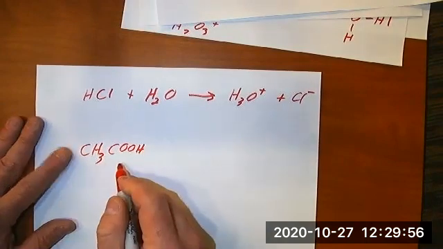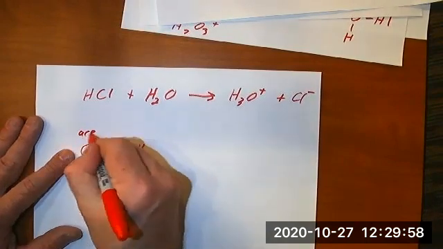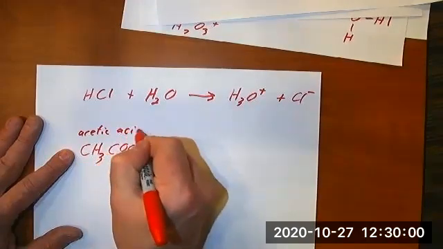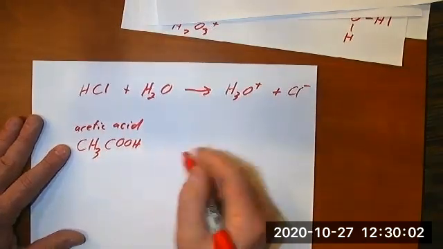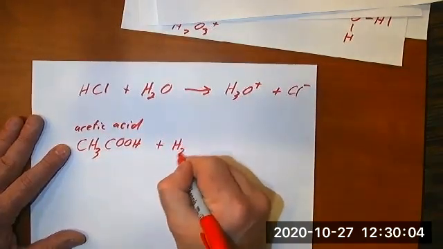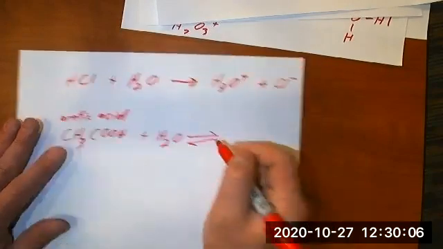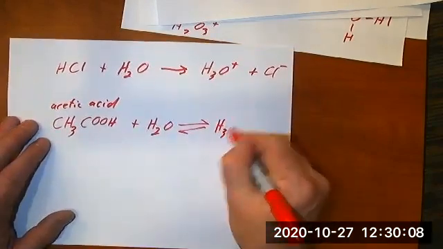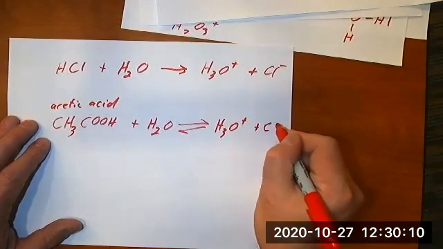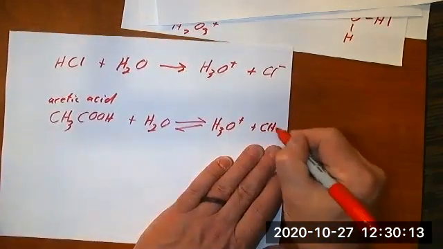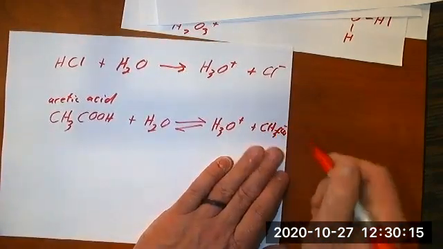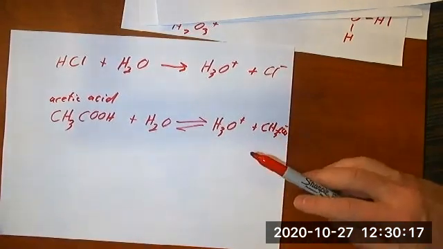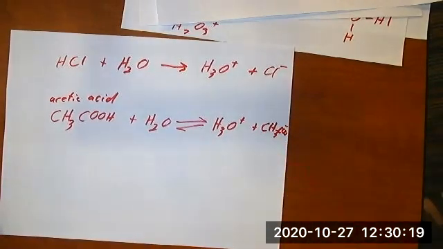This is acetic acid, which is the acid that is in vinegar, plus H2O is in equilibrium with H3O plus and CH3COO minus.